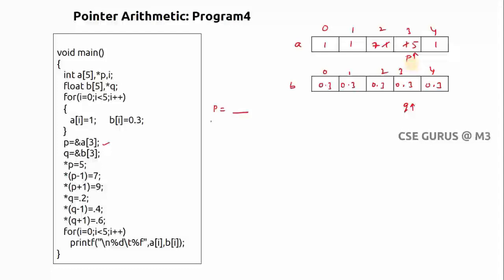P minus minus means your p location will be decremented. If I write p minus minus, your p will come here, but with p minus 1 your location will not change, it only goes to the previous element and changes the value. What about p plus 1? It goes to plus 1, 3 plus 1 is 4, and it changes here. So this clear difference we have to see.